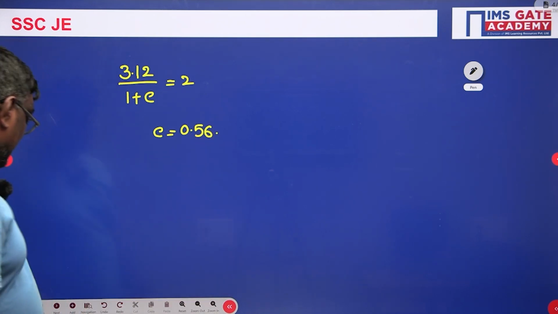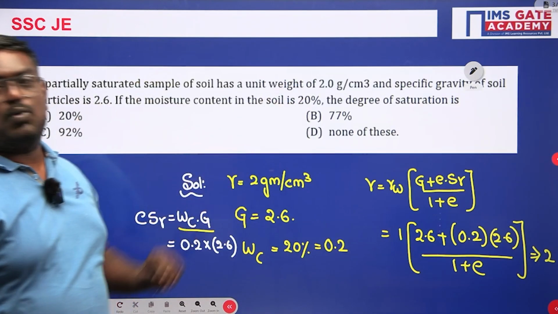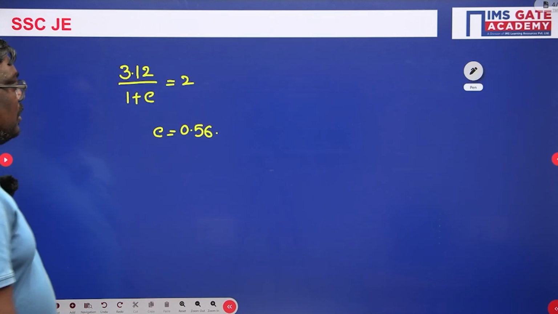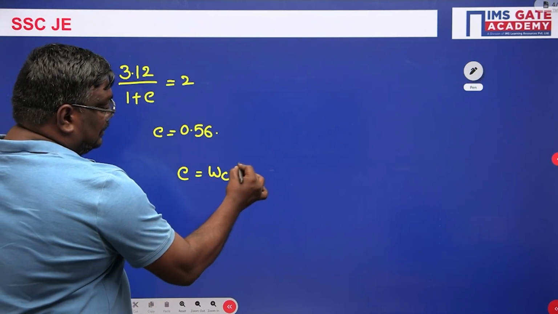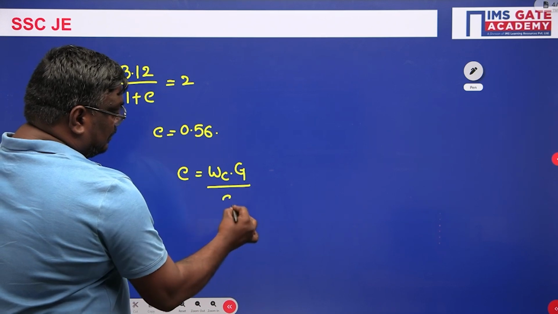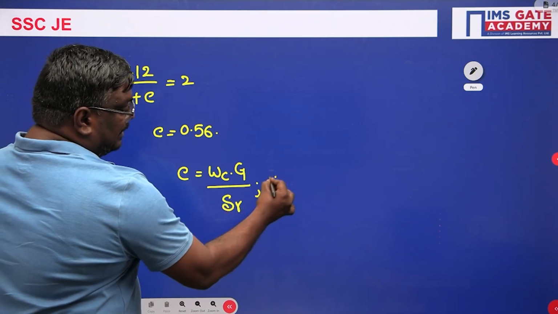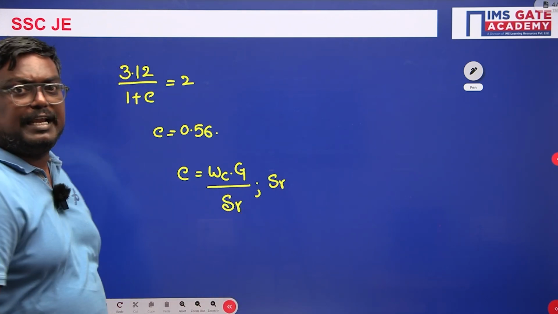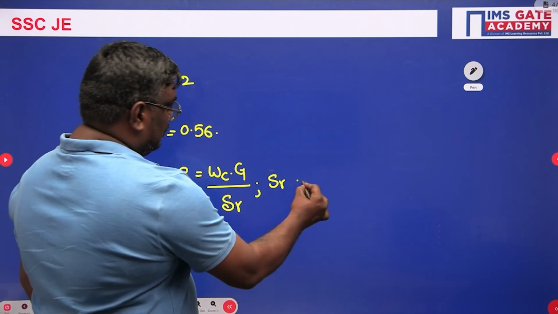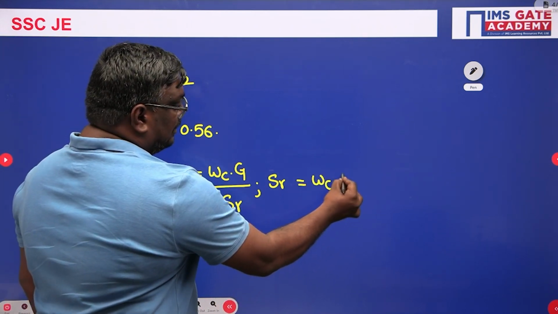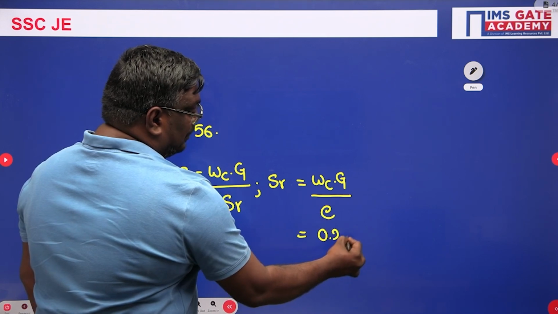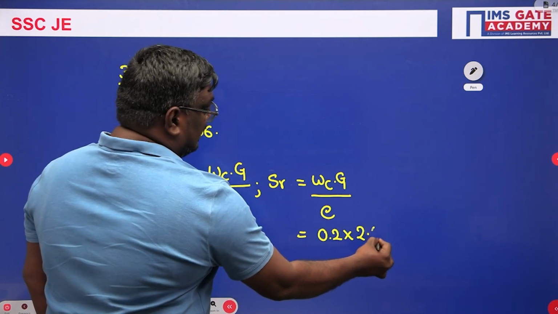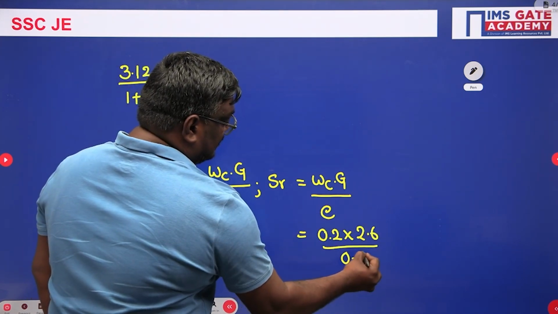Now, what has he asked in the problem? He has asked what is the degree of saturation. Now, see students, E is equal to water content into G upon Sr. Or you can write, my dear students, degree of saturation is equal to water content into G by E. So here the water content is 0.2 into 2.6 divided by 0.56.